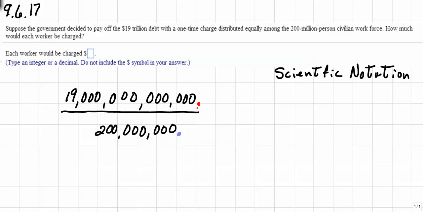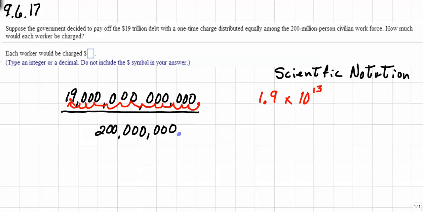In this case, we're going to take this red decimal point and move it to the left 1, 2, 3, 4, 5, 6, 7, 8, 9, 10, 11, 12, 13 times so that I end up with a number between 1 and 10, and that number would be 1.9. So that's 1.9 times 10 to the 13th power.